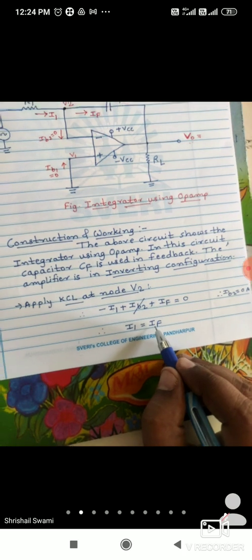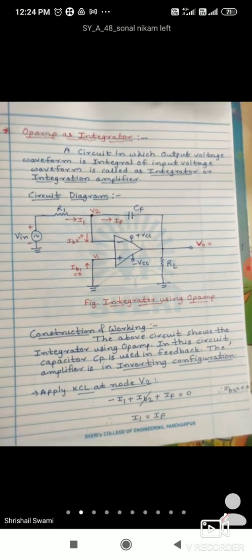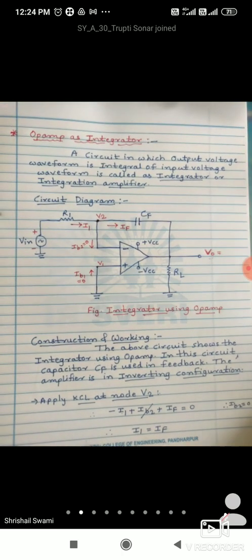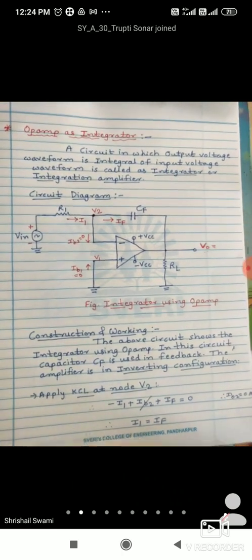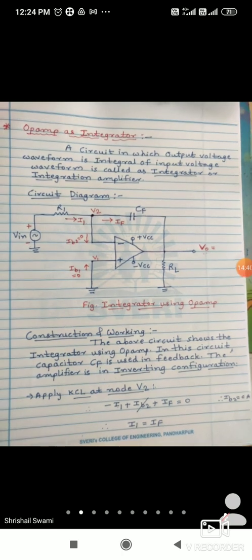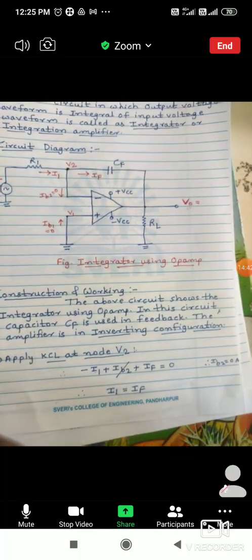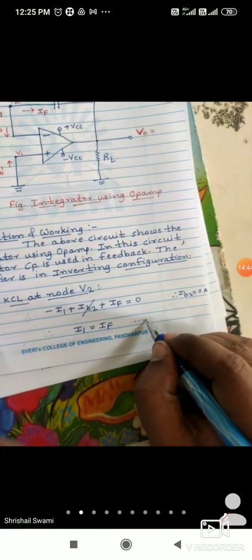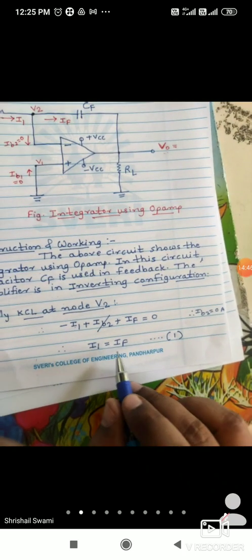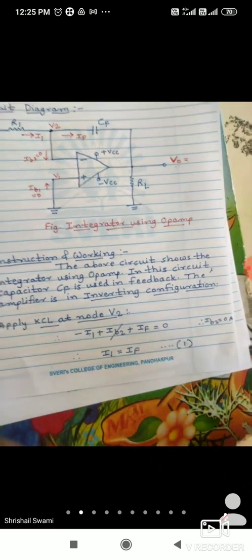If you take it to the other side, then it becomes I1 is equal to IF. Up to this point, anyone having questions? Okay, so I will give this equation the number 1: I1 is equal to IF.